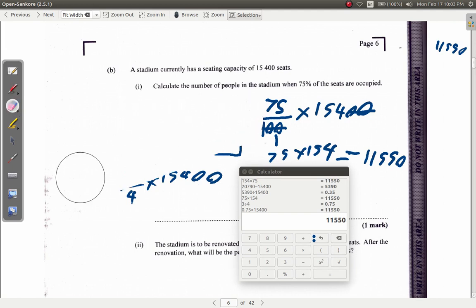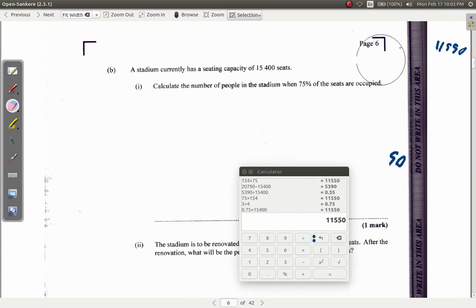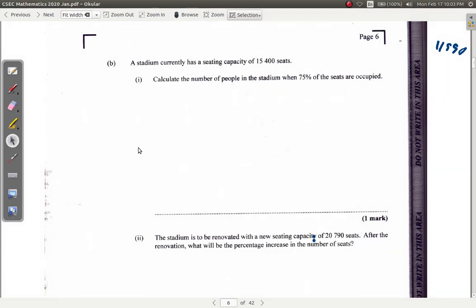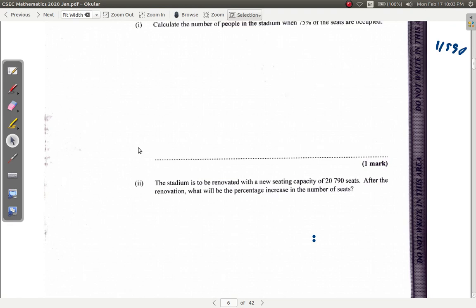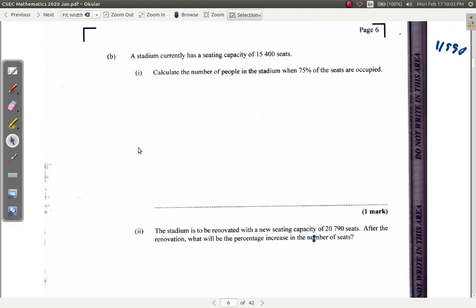Let's erase to get some space here and look at the next part of the question. It says the stadium is to be renovated with a new seating capacity of 20,790 seats. So they're increasing the number of seats. After the renovation, what will be the percentage increase in the number of seats?